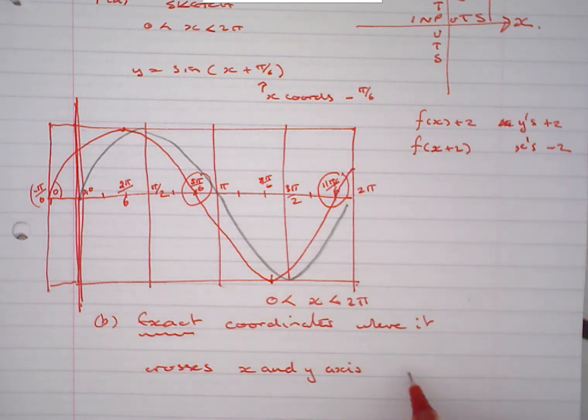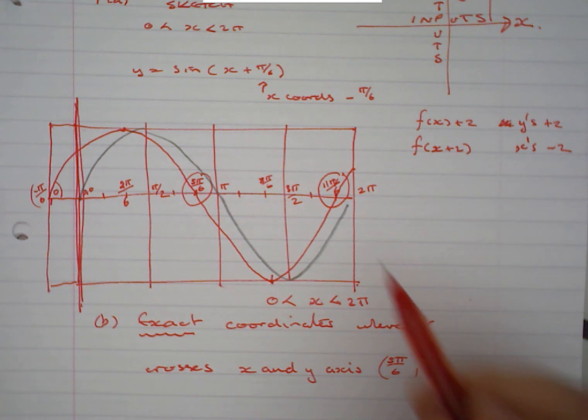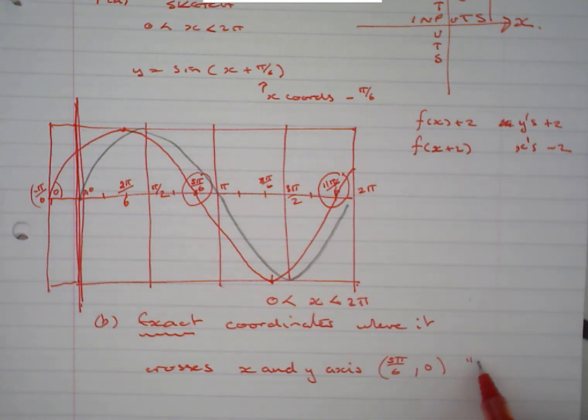So we've got, first of all, 5 pi over 6, comma 0. And then we've got this one, which is 11 pi over 6. Sorry, I forgot to put the y coordinate in, 0.